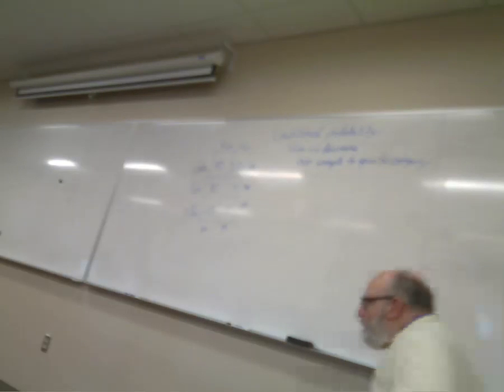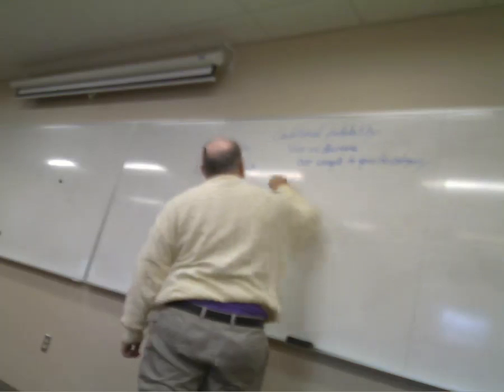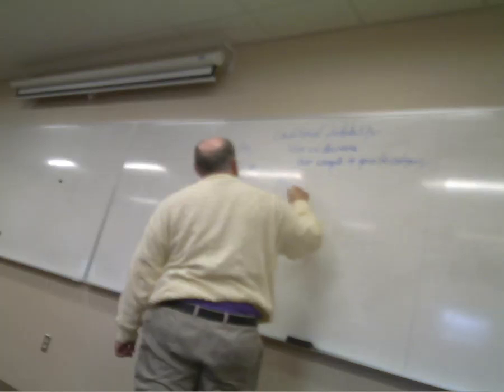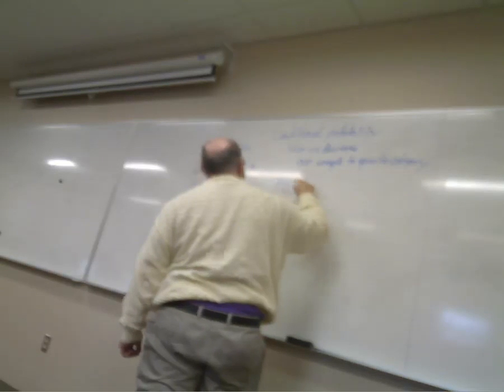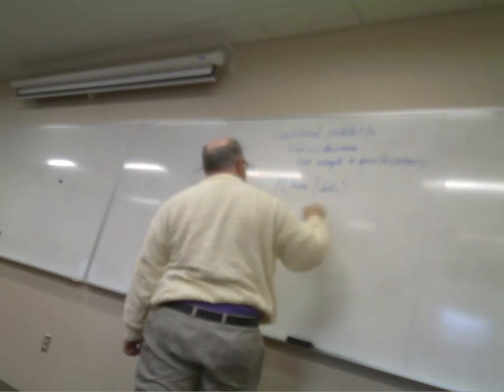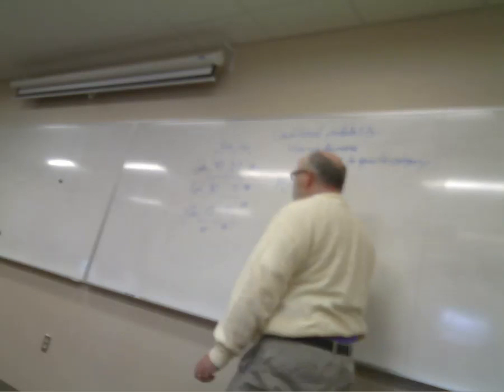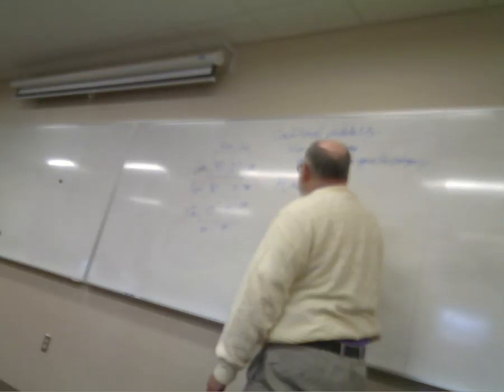So this is how it's done. What's the probability of being a nursing student given that you are a Coke drinker? This line right here, we use the word given.